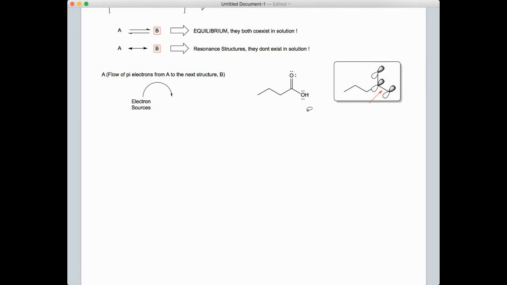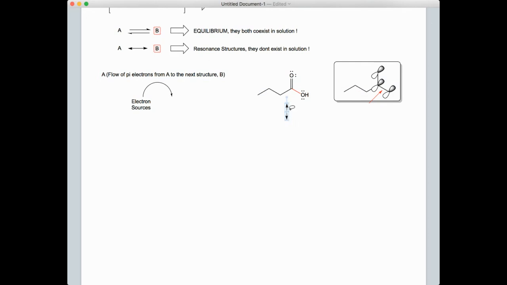Therefore, I need to show another structure indicating that here, and I'm going to color code this as red, there is an interaction between these two p orbitals, because that is missing. And as soon as I show that, I know that will be enough to show the real structure of this delocalized molecule. So I'm going to add here my double-headed arrow before I draw my next Lewis structure.